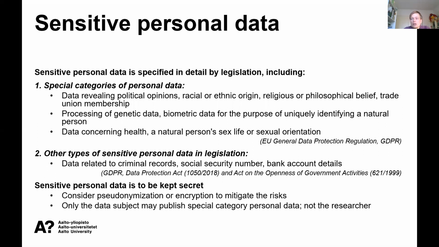So it has these more sensitive aspects of human behavior, like political opinions, race, ethnic origin, religious or philosophical beliefs, and then some genetic data, biometric data for the purpose of identifying a natural person. And then if the data concerns health, sex life, or sexual orientation, those are special categories of personal data that you should really pay extra attention to.